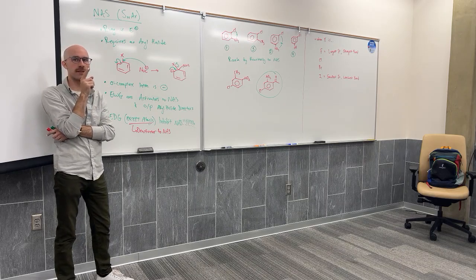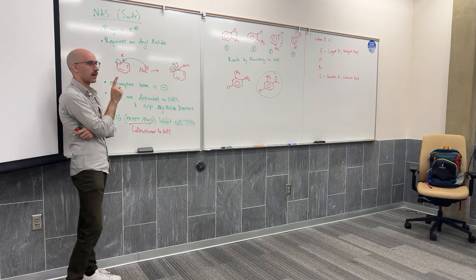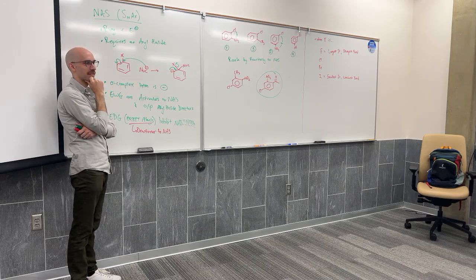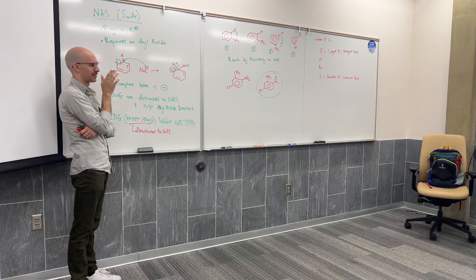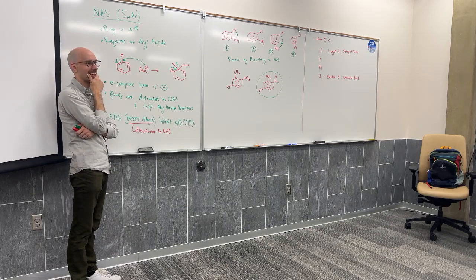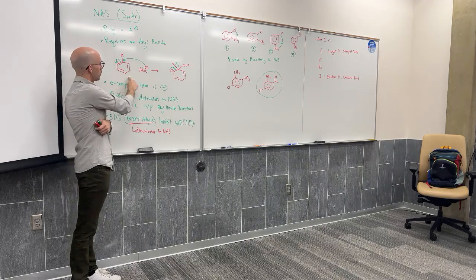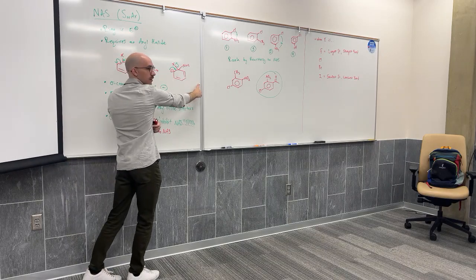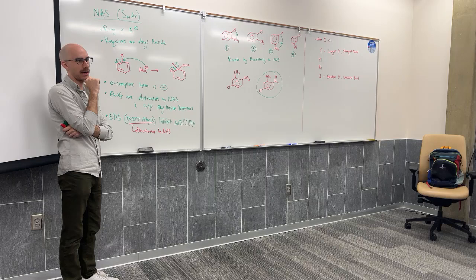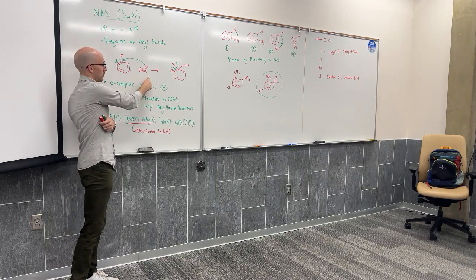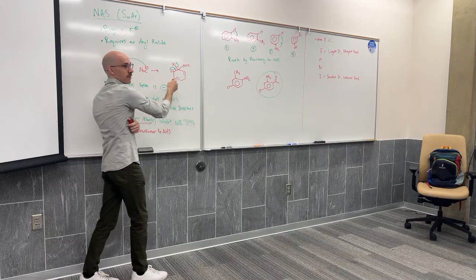I'll ask you to think about it this way. Don't think about it from the halogen's perspective. Think about it from the aromatic ring's perspective. Which of these two steps is harder for the aromatic ring? Addition or elimination?